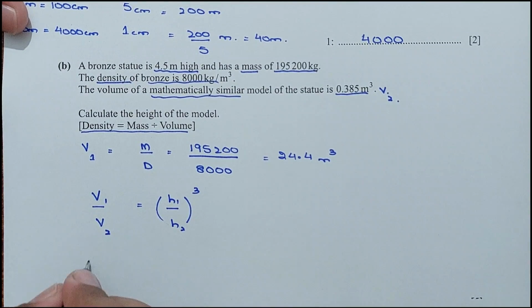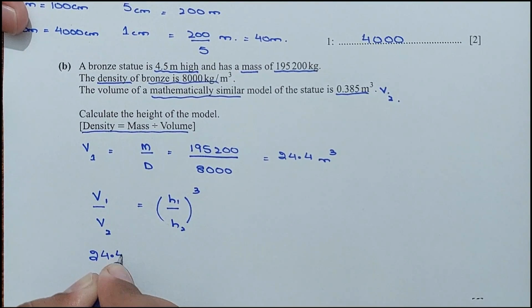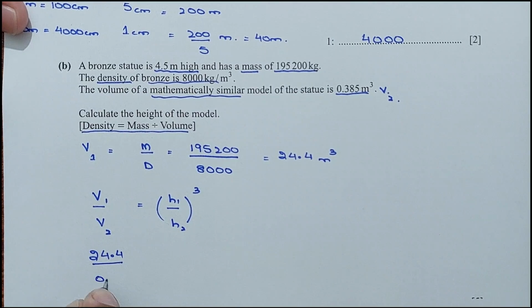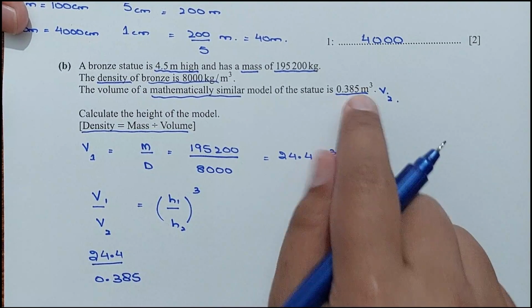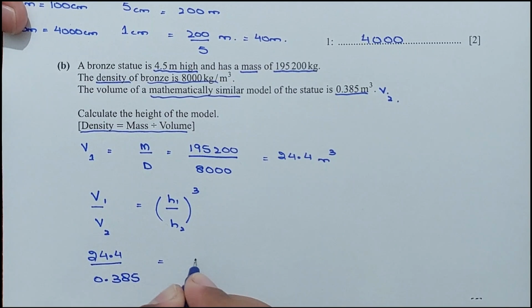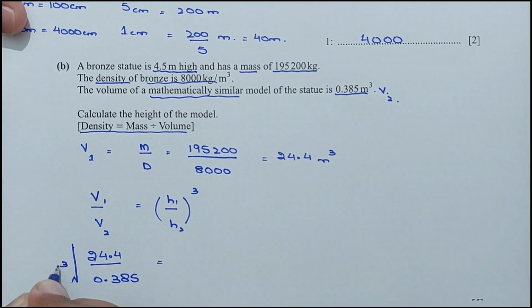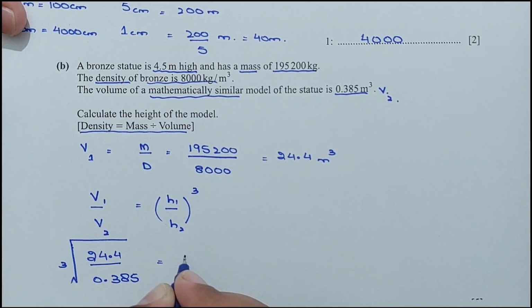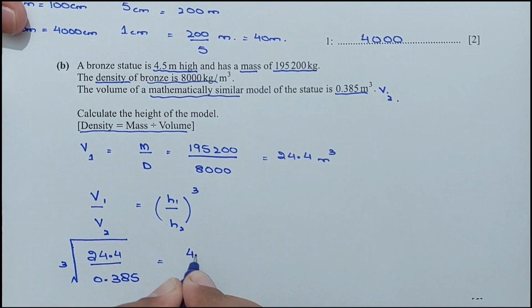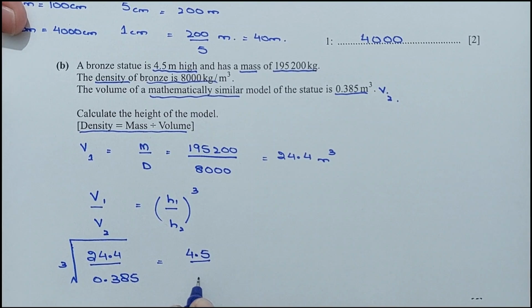The volume is 24.4 out of 0.385, the first volume over the second volume, equals the height of the first one. Let me take the cube root on both sides. The height of the first one is 4.5. The height of the second one we have to find, which is h2, right?